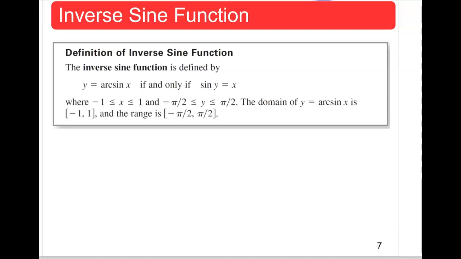And so that is what is happening here. So don't be confused about having y here as the output, and just try to focus for this section on the definition of the inverse function. The input will be those numbers, the domain from negative 1 to 1, and the output, the range, will be the angles, and they're going to be from negative pi over 2 to pi over 2 included.